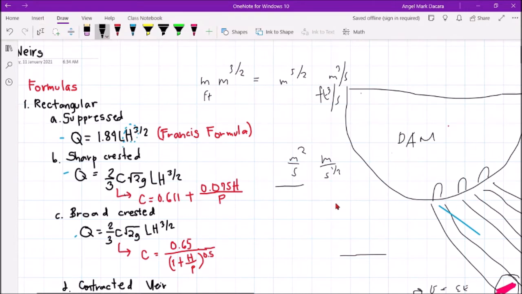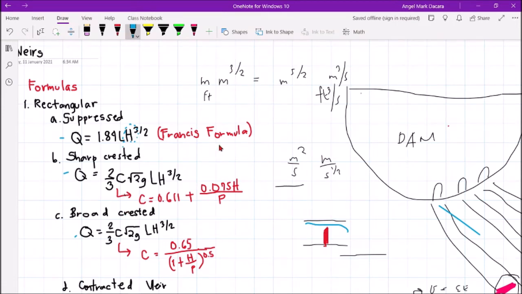So kung isa-side view natin yung weir, let's say ito yung channel, daanan ng tubig. Kung yung weir mo ay ganito ang itsura, ito yung weir, that's just a vertical structure na nakaharang, tapos matalas yung kanyang pinakalip. Ito yung profile view o side view. Ito yung tubig. If this crest is specified to be sharp, ang gagamitin mo is itong formula na ito.